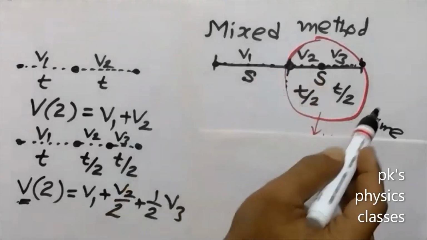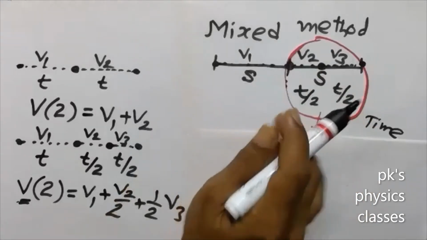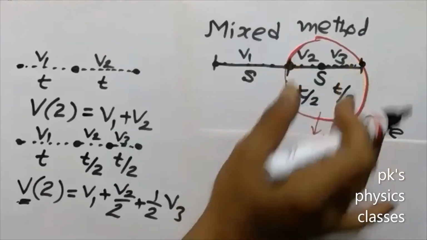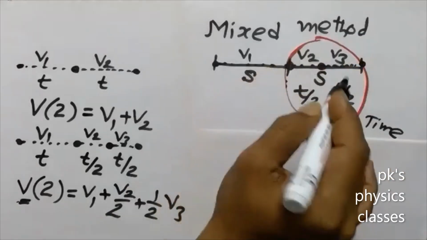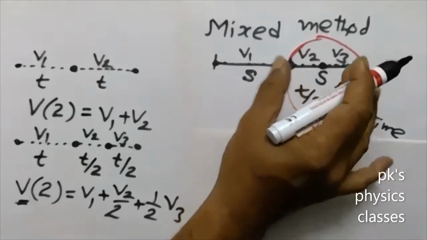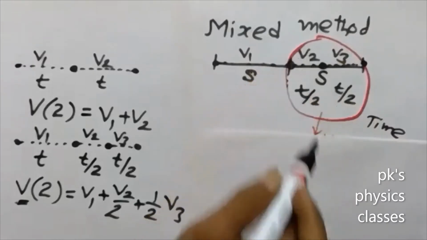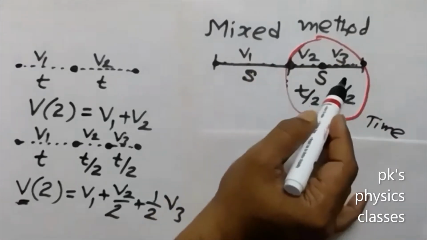So in this journey, this distance is s. Within that distance, if the total time is some time t, in that, half the time is covered with v2, the remaining half the time is covered with v3.